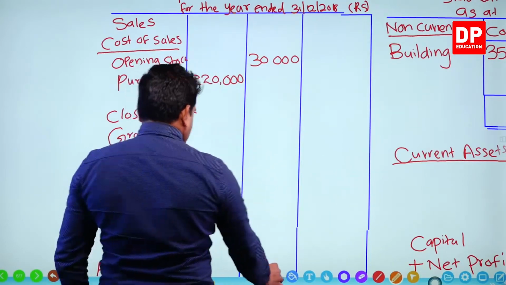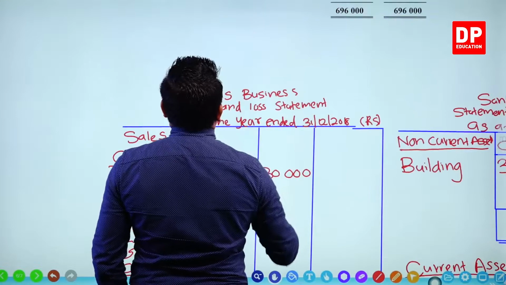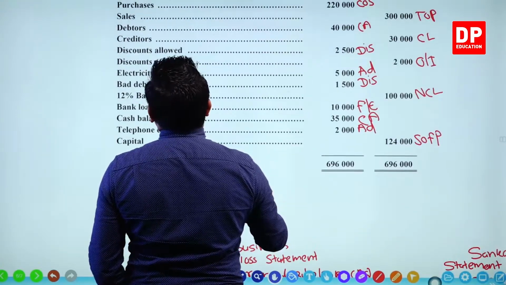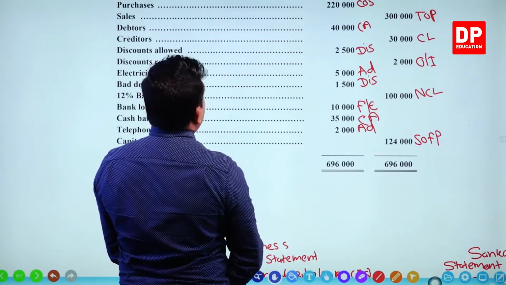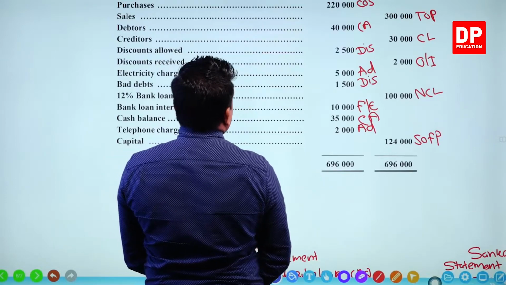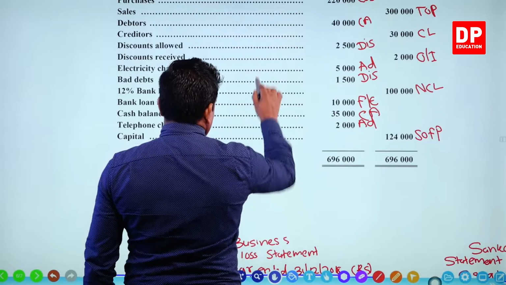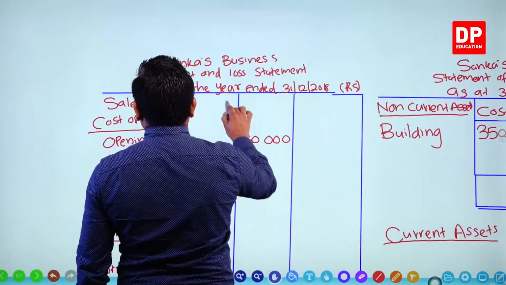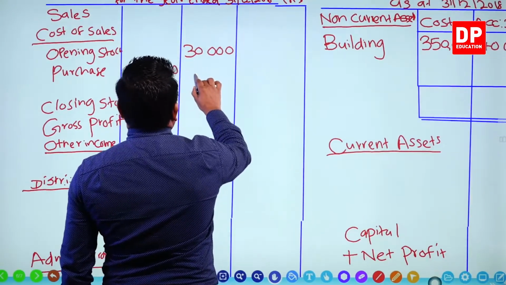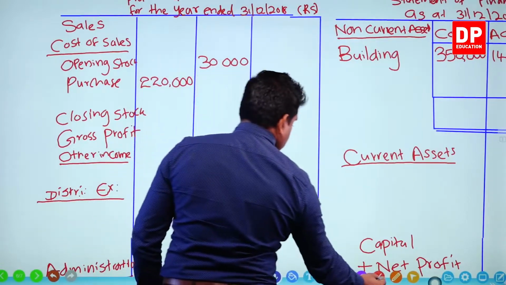Now, next. Sales 300,000, debtors 40,000. Sales 300,000.